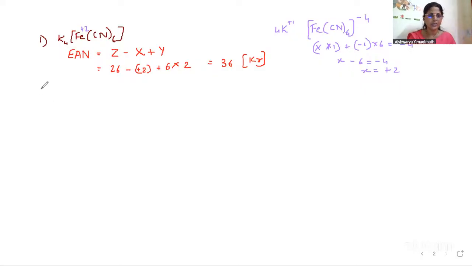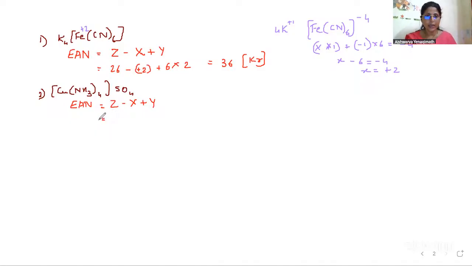Now take the second example. Come on, do it with me. The second example is [Cu(NH3)4]SO4. This is my complex. Nomenclature, we'll discuss about it later. Now let us calculate EAN for this. So effective atomic number EAN is equal to Z minus X plus Y. What is the atomic number of copper?